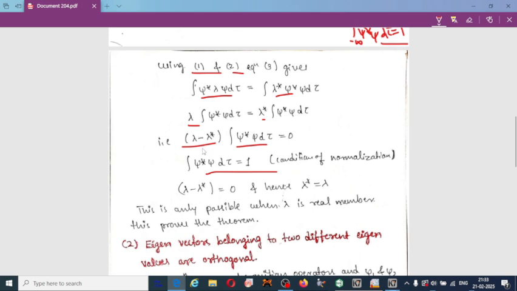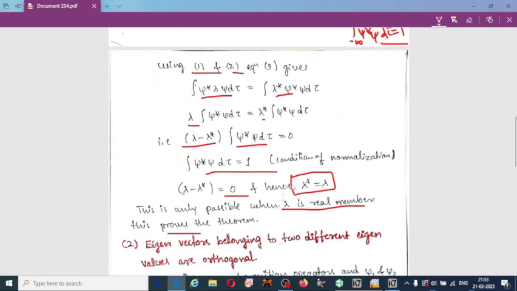Then we are left with lambda minus lambda star equal to 0. Hence we can say that lambda star equals lambda. This is only possible when lambda, that is the eigenvalue, is a real number. This proves the theorem.